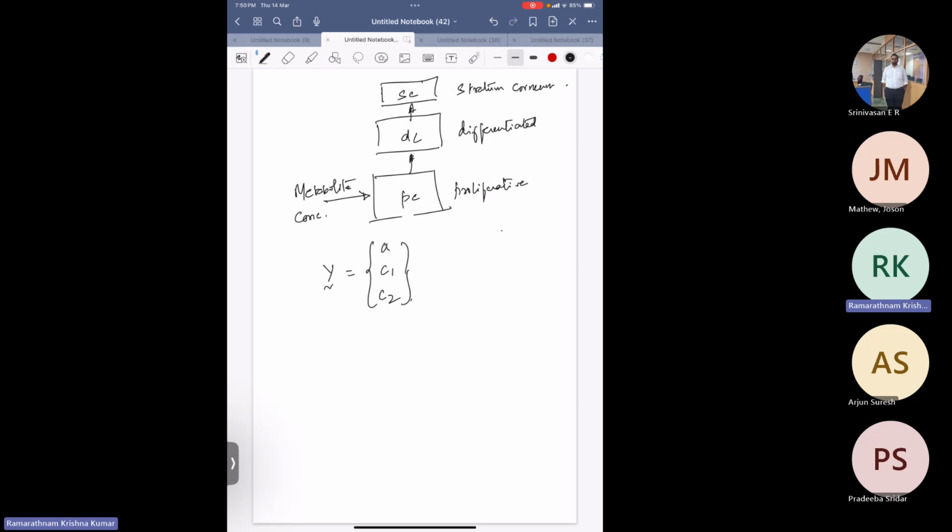When I put a squiggle at the bottom, it means that this is called a vector. So there is more than one. There's more than one.